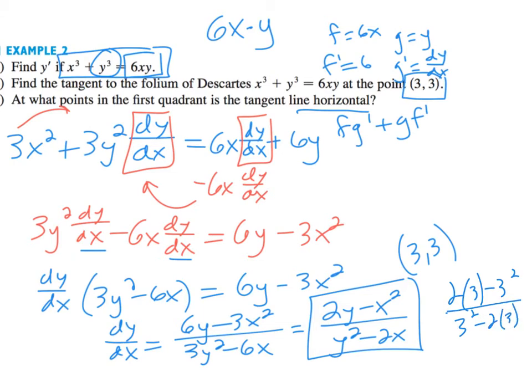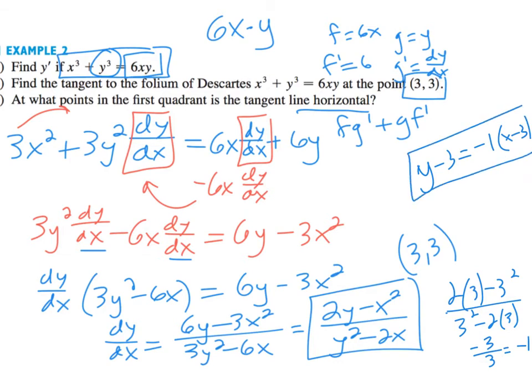So it looks like I get negative 3 over positive 3, which is negative 1. And so it has a negative 1 slope, so y minus my y coordinate equals negative 1 times x minus my x coordinate. That would be my answer for part B.